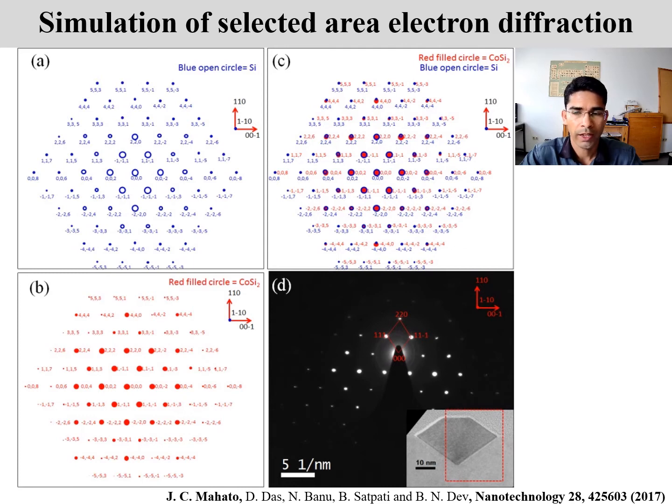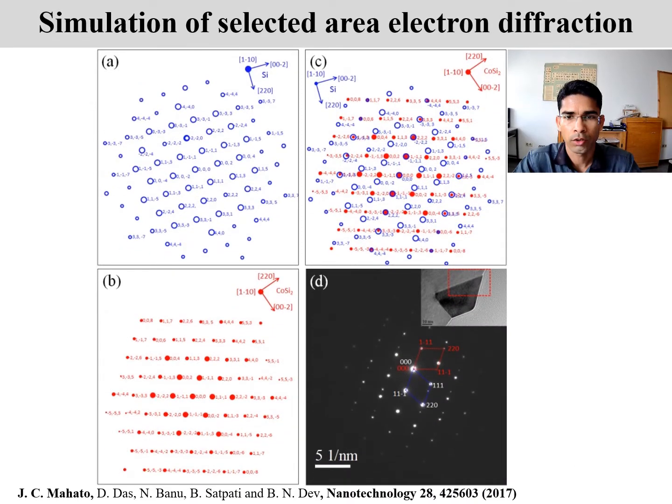This is due to the fact that the lattice mismatch between cobalt disilicide and silicon is only 1.2% at room temperature. So from this observation we can say that for the flat top type of nanowire, the cobalt disilicide is growing along the 110 crystallographic orientation.